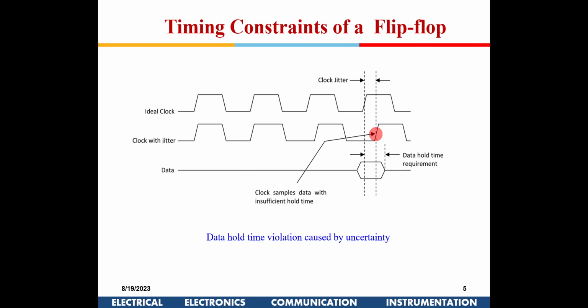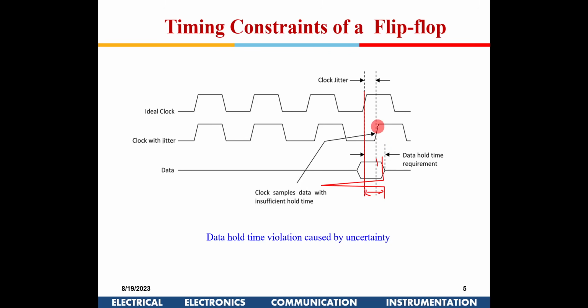But here, this clock is coming late. If you see here, this is the clock which is changing, and the data had started changing somewhere from here, from this end. So this much time was available. Okay, so hold time is met.